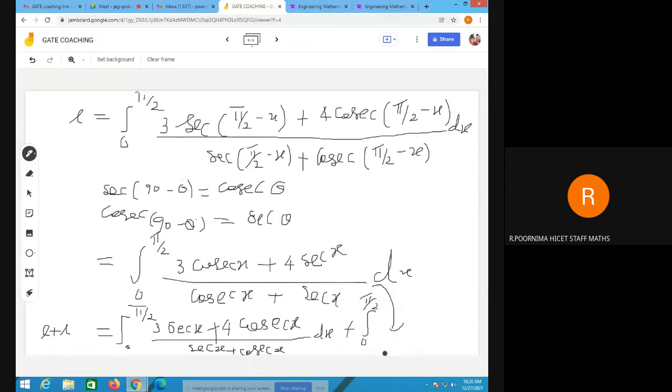Now you can see the integral limits are the same, 0 to pi by 2, and the denominator is also the same. So if the denominator is the same, we can add the numerators.